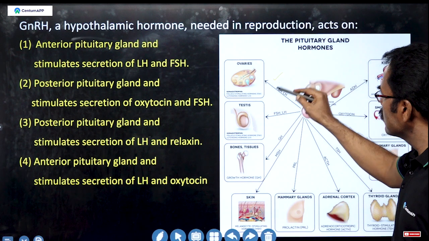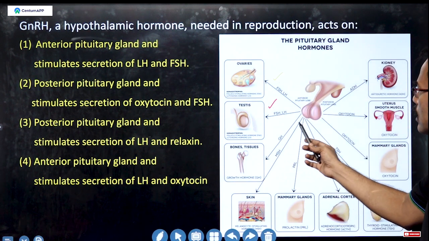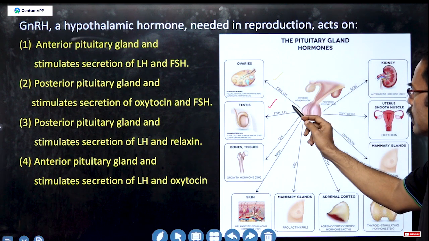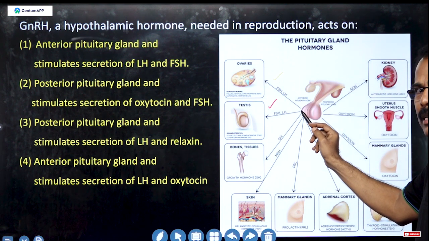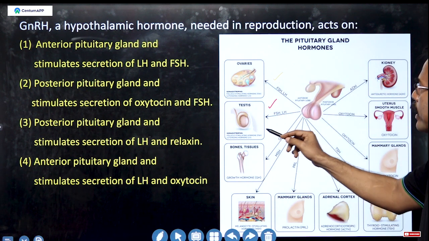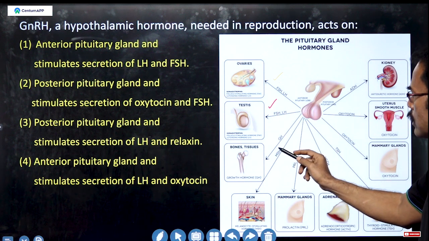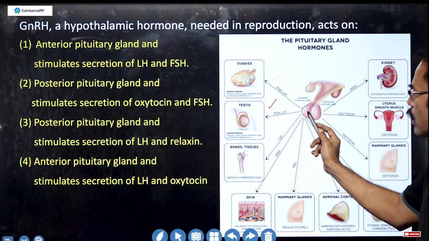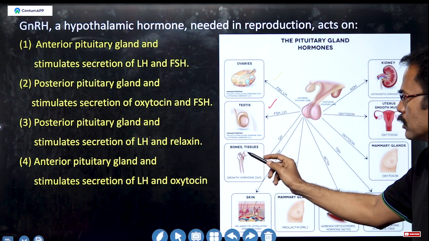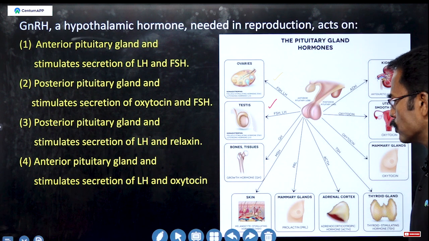FSH and LH are released from the anterior pituitary gland to act on the ovaries and testes to release the ova and sperms respectively. Next, growth hormone is also released from the anterior pituitary gland, which works on the bones to promote the development of the bones and tissues.